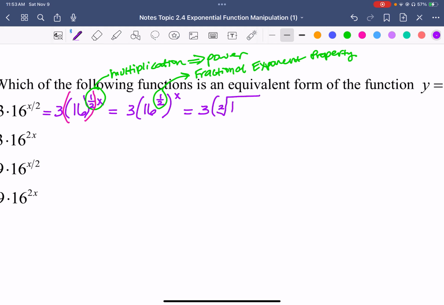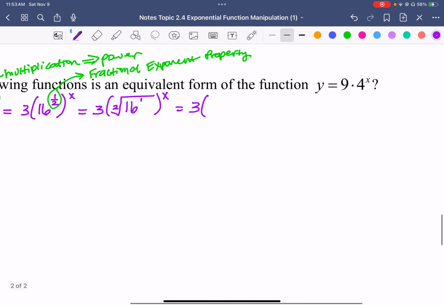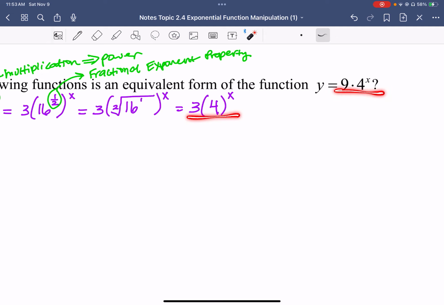And then you put the base, which is 16, on the inside, and the numerator of the fraction, which is 1, goes inside. And then make sure you carry the power of x. Okay. Now we have 3. The square root of 16 is just 4. Okay, so we're pretty close, but it's not perfect.